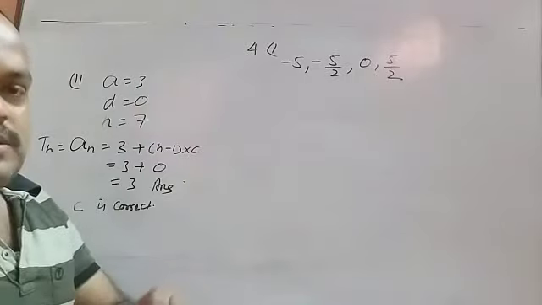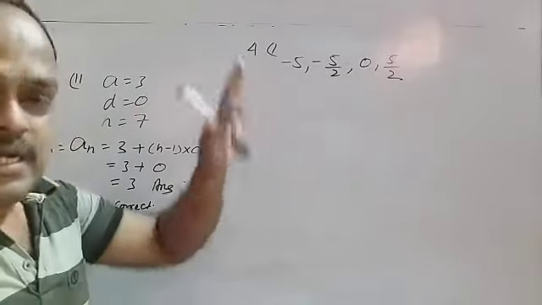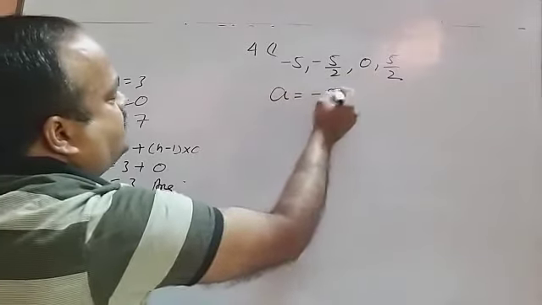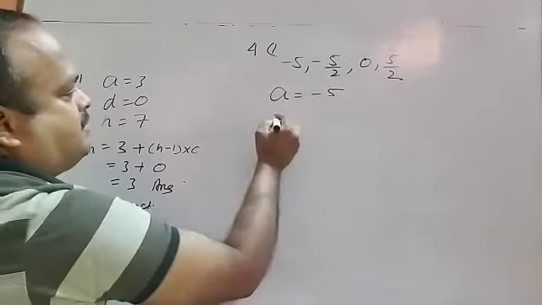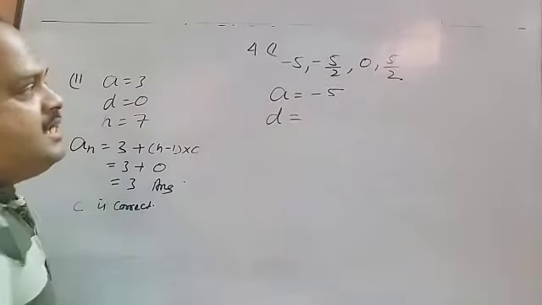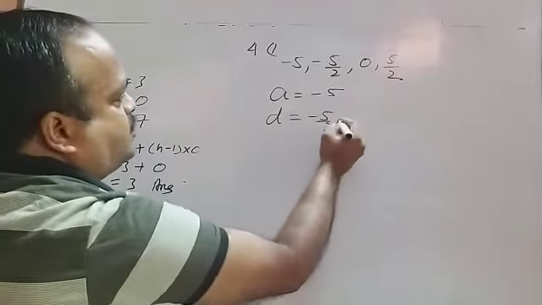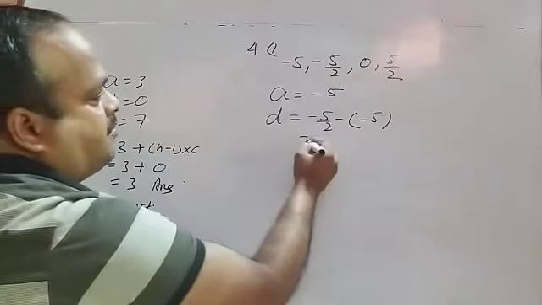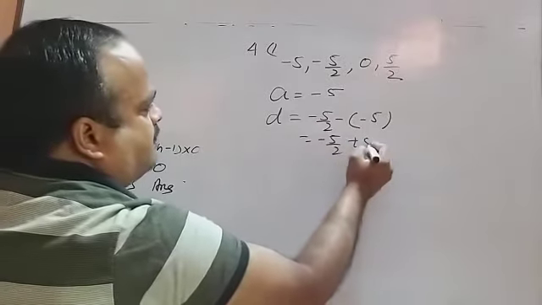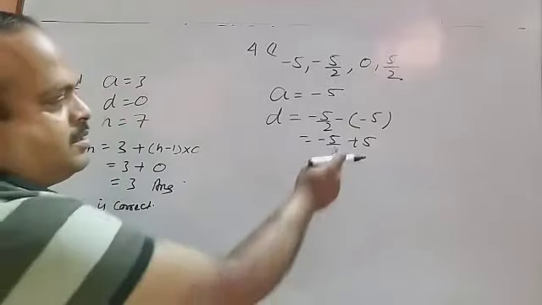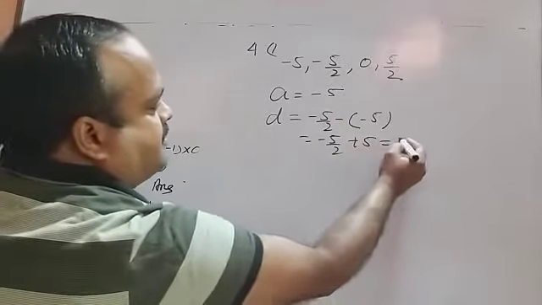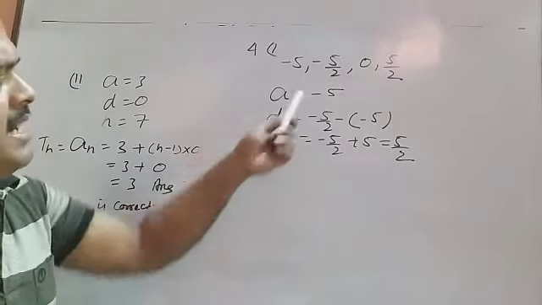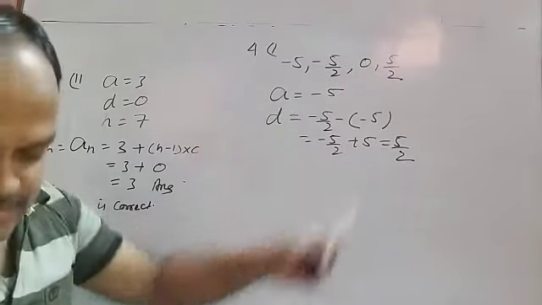A is minus 5, the first term is minus 5. The common difference D is minus 5 by 2 minus minus 5, which is minus 5 by 2 plus 5. 2 fives are 10, minus 5, so 5 by 2. So we have the first term as minus 5 and common difference D as 5 by 2.